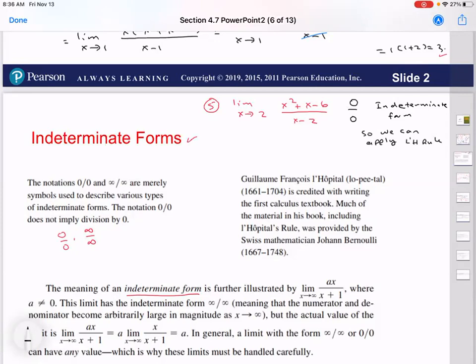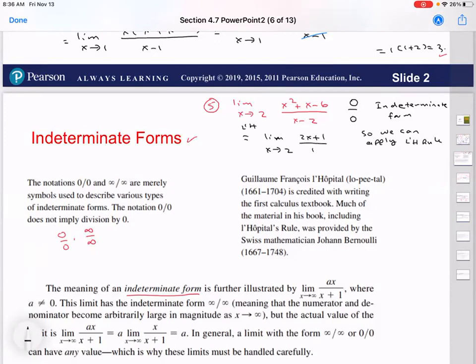Zachary? So let's use L'Hopital's rule. What does it tell us? Derivative of the top, which is 2x plus 1, divided by the derivative of the bottom, which is 1.